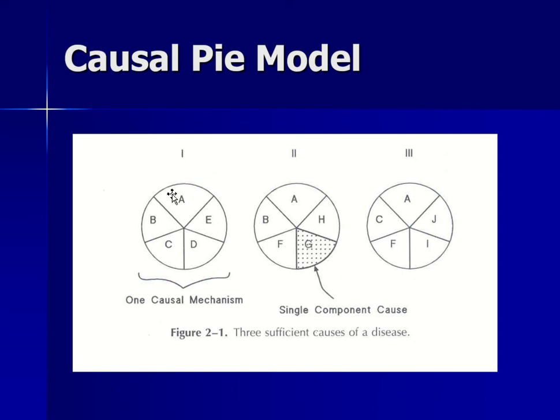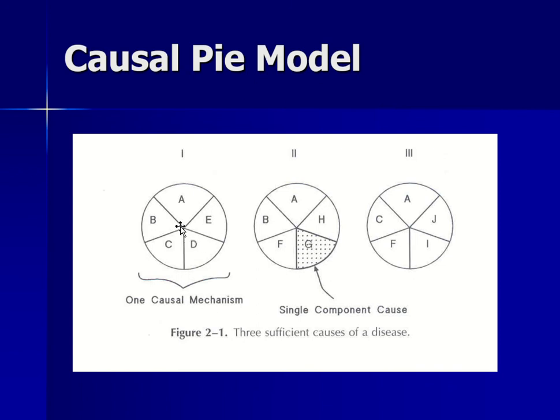None of the pies is complete unless A is present. Therefore, we can conclude that A is a contributory cause, but it's a necessary one as well. So A is a necessary cause, because without A, none of the pies will be complete.